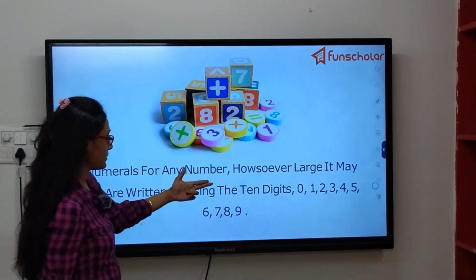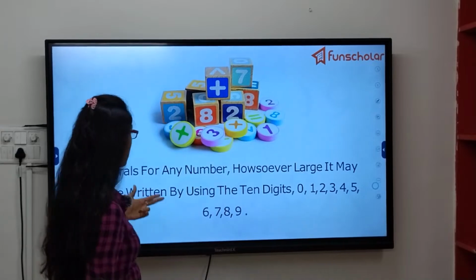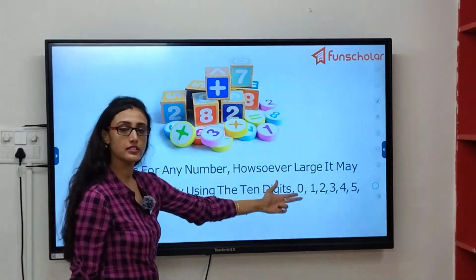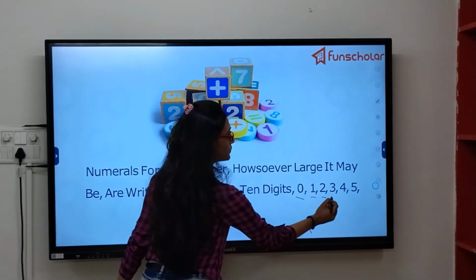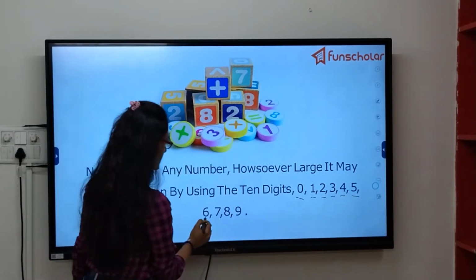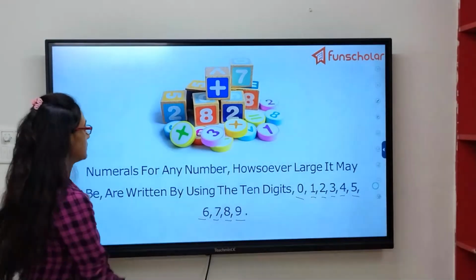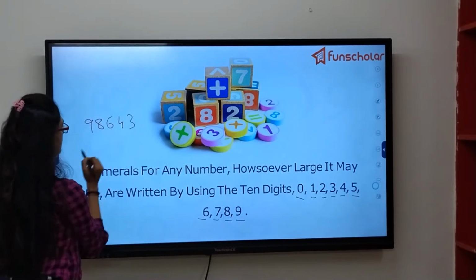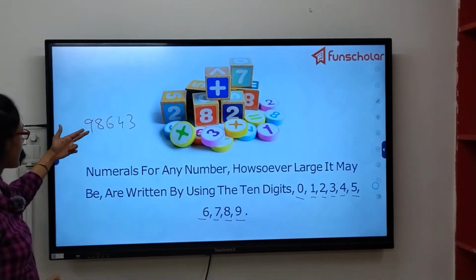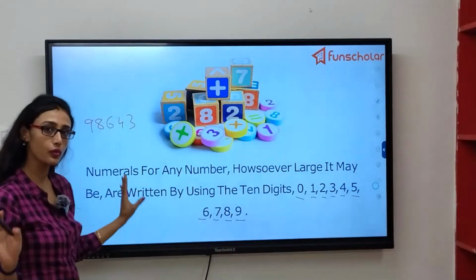Numerals for any number, howsoever large it may be, are written by using the 10 digits only. These are 0, 1, 2, 3, 4, 5, 6, 7, 8 and 9. If I write 9, 8, 6, 4, 3, so I have used 9, 8, 6, 4 and 3 from these digits only.